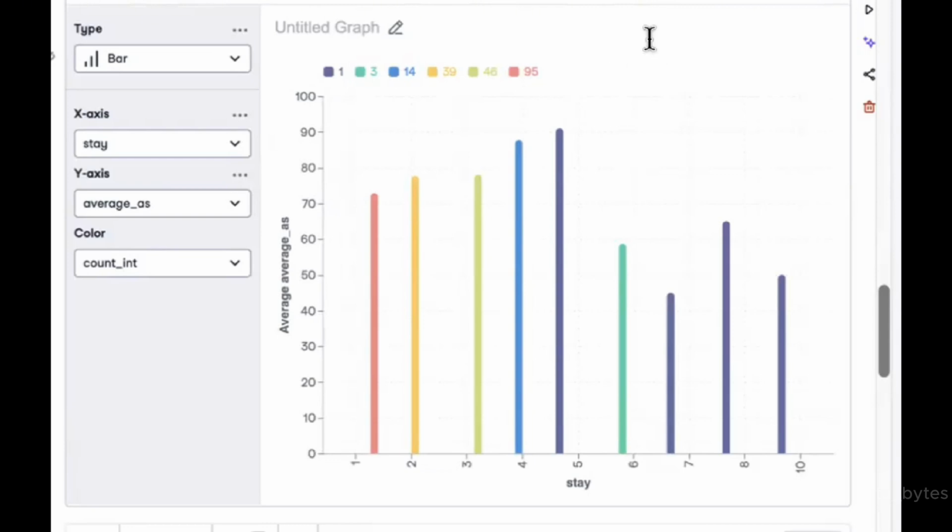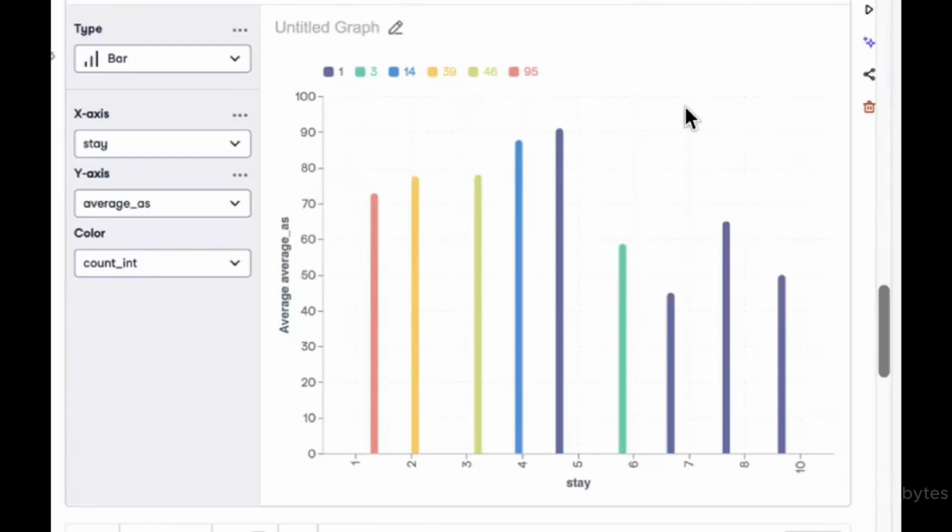So here you can see that there is a downward trend in the average score as the stay duration increases. Higher average scores are seen in the shorter stays, like for 1, 2, or say for 4 years of stay, while lower scores are observed in the longer stays.